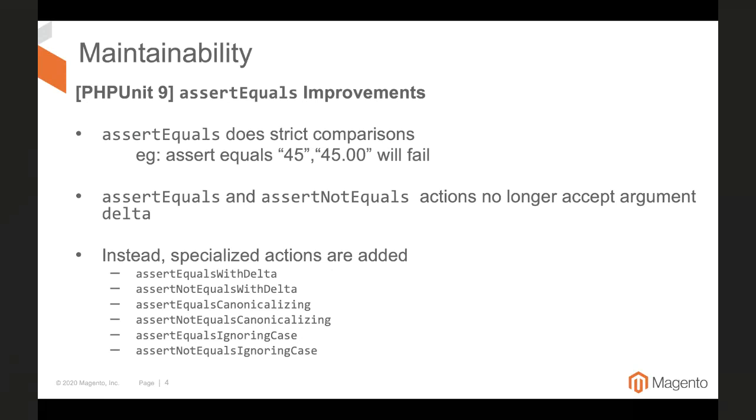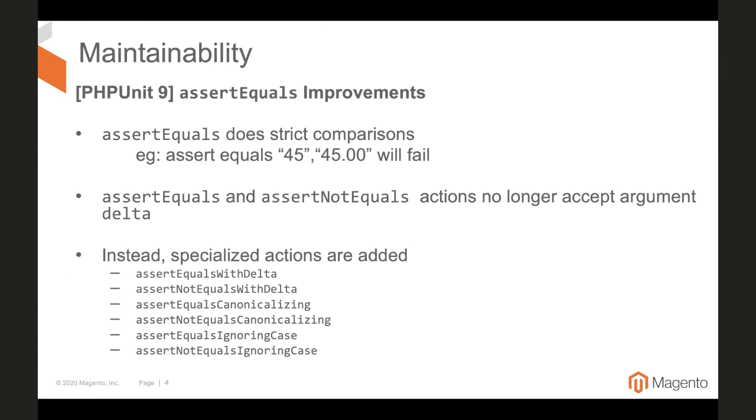It's a little hard for me to keep straight how that works, but I think that's how it worked. But that is no longer an argument to these assertEquals and assertNotEquals actions. Instead, we introduced some new ones that are part of PHPUnit 9 as well: assertEqualsWithDelta and assertNotEqualsWithDelta. You can look up the documentation if you're curious exactly how that delta works, because I think I might have it backwards.